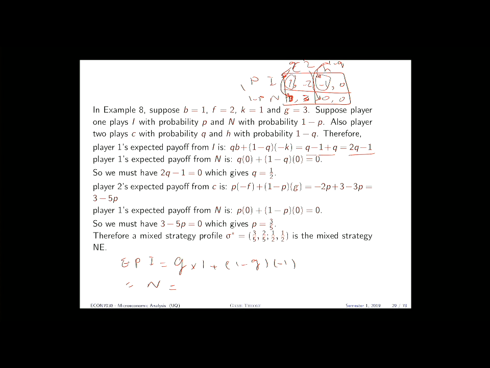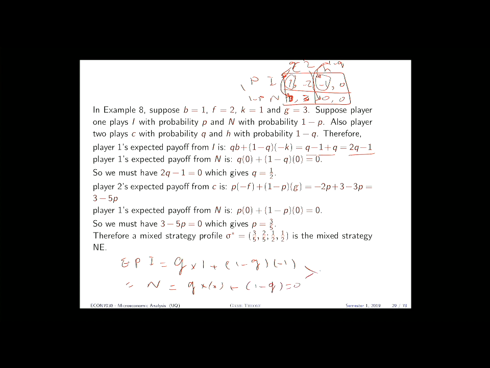So those are the common mistakes that I observe students make. Usually, if you follow the instructions that I'm telling you, it is very unlikely that you make such mistakes. So Q times 0 plus 1 minus Q times 0, which is obviously 0.